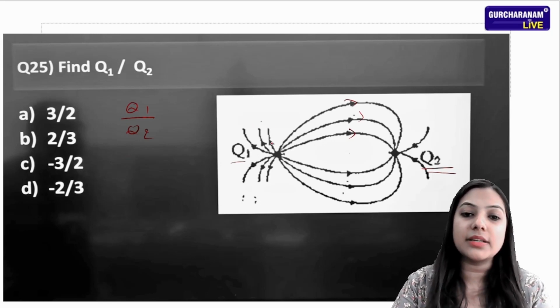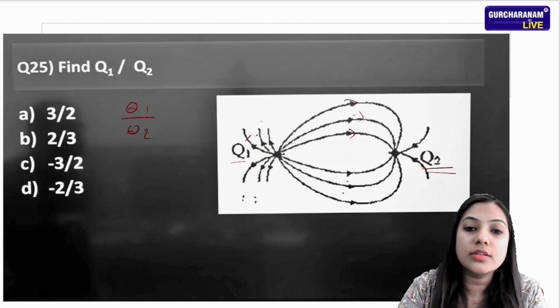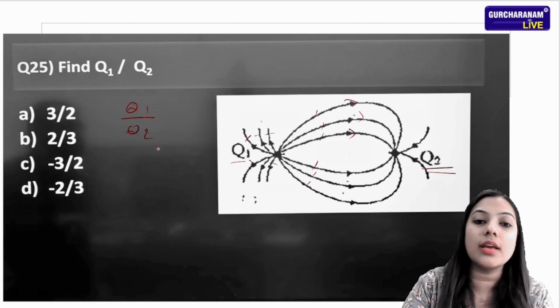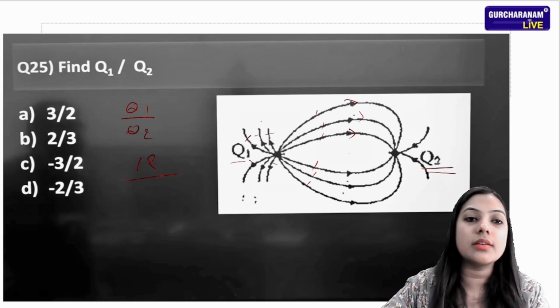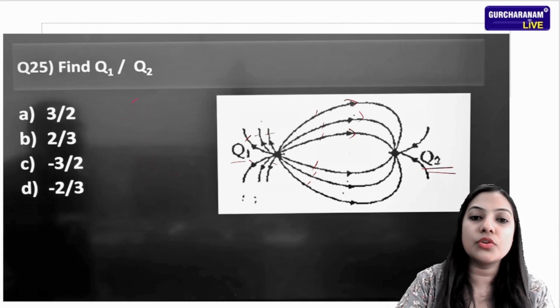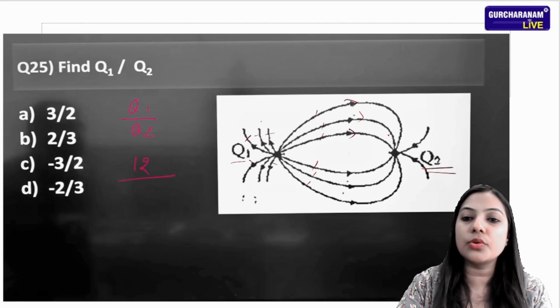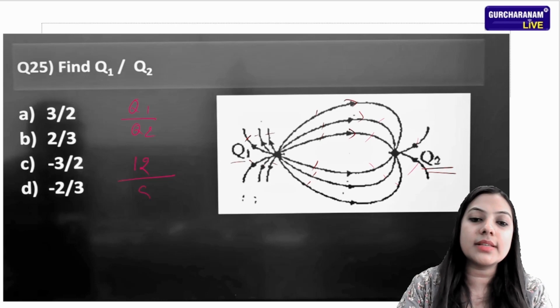The electric field lines which originate from Q1 are 1, 2, 3, 4, 5, 6, 7, 8, 9, 10, 11, 12. So the number for Q1 is 12. I'm taking a new pen. So Q1 upon Q2: Q1 is 12 and for Q2 we count 1, 2, 3, 4, 5, 6, 7, 8. So it is 8.